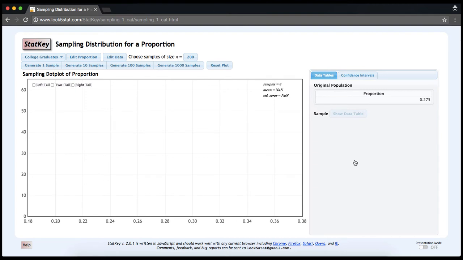When constructing a sampling distribution in StatKey from a known population, we can change the sample size. The default here is n equals 200. For this example, I will change this to n equals 100.